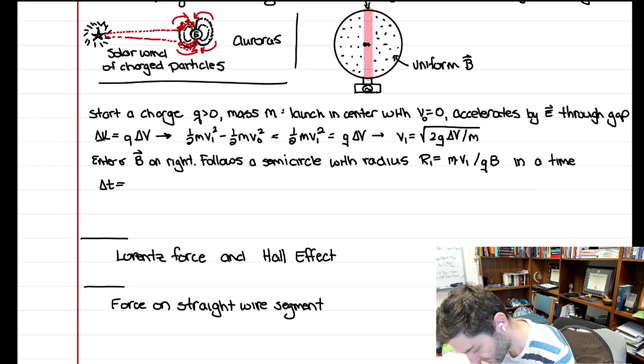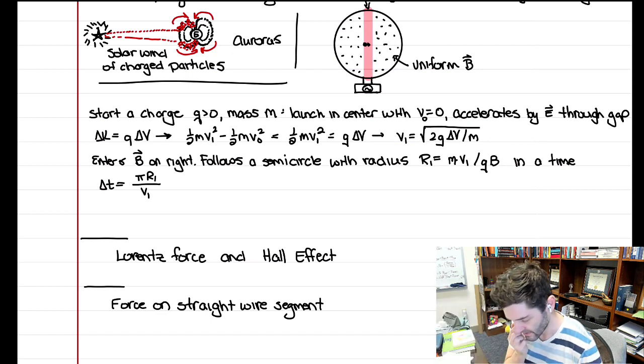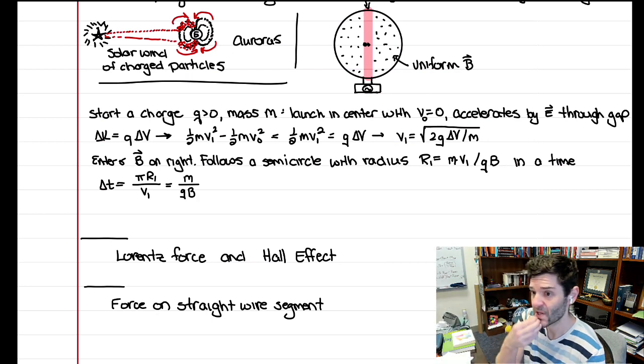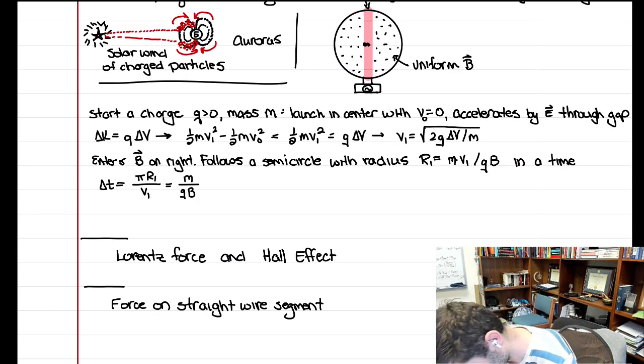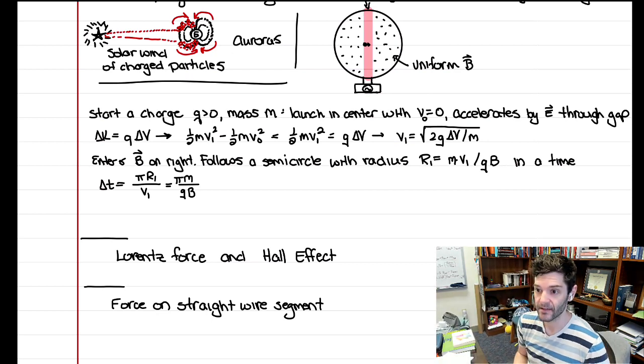So it's not 2 pi r, but just pi times r, divided by the velocity it has, which was just v1. And so the v's cancel, and we get pi m over qB.